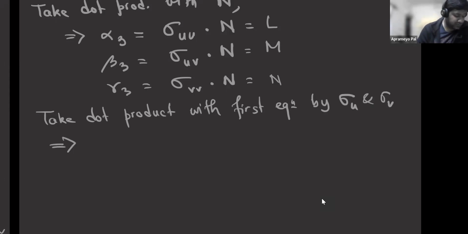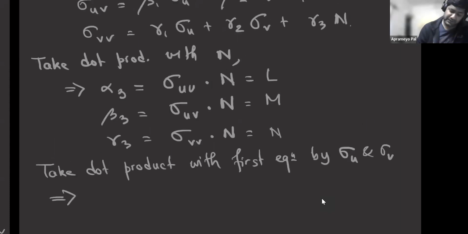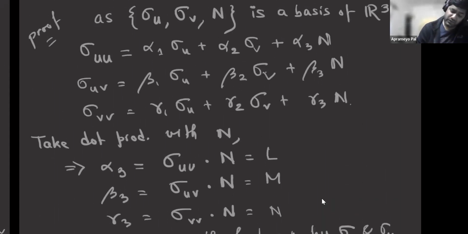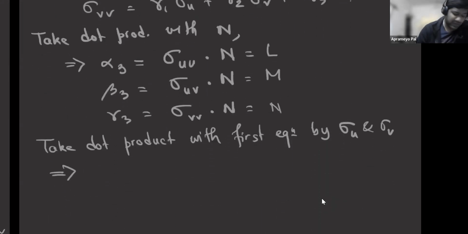Let's see what happens. If you take the dot product with sigma u, then sigma u dot sigma u, by definition, is the first coefficient of the first fundamental form, and sigma u dot sigma v is the second coefficient.